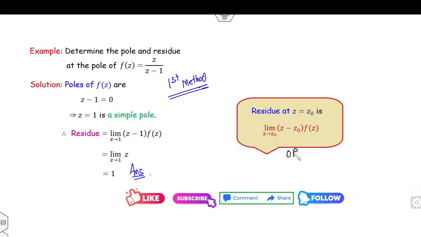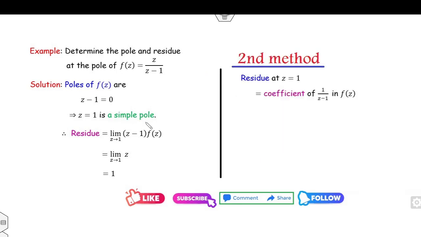Or, as we all know, we can also calculate the residue, which is the coefficient of 1 over z minus z naught in the function f(z). But I always recommend the first method whenever there is a simple pole. But I will tell you the second method as well. Our target is to find the coefficient of 1 over z minus 1.